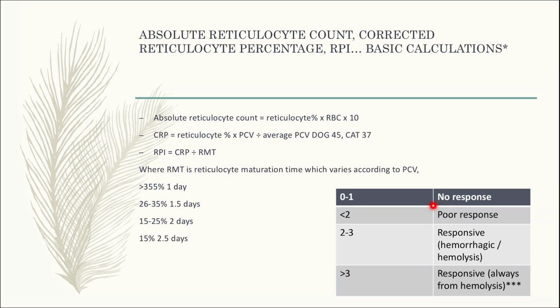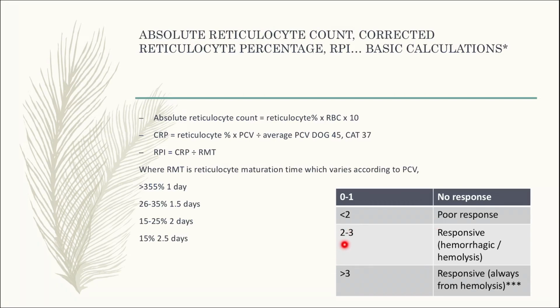Only when there is non-regenerative anemia, you will find RPI index coming between 0 and 1. If the RPI index is between 1 and 2, then it means that bone marrow is able to respond, but it is not adequate. It's a poor response.